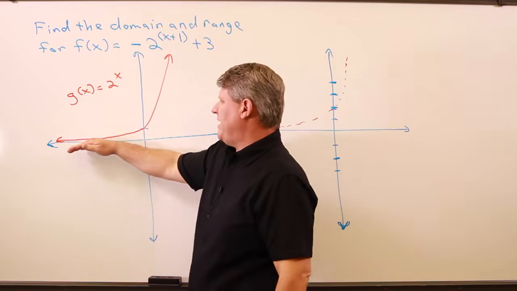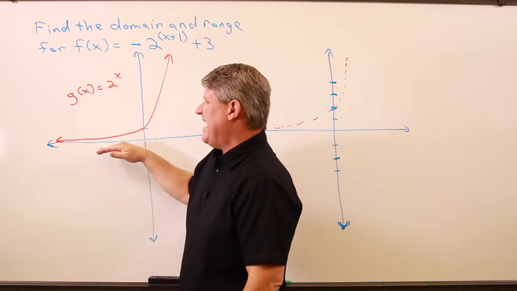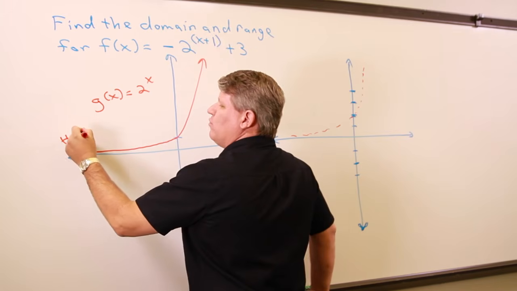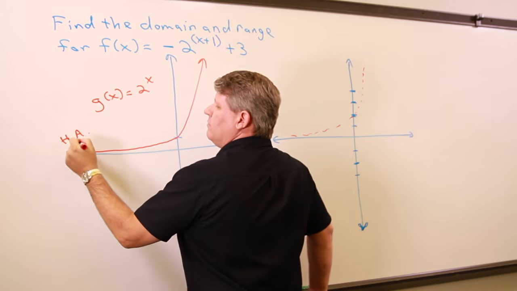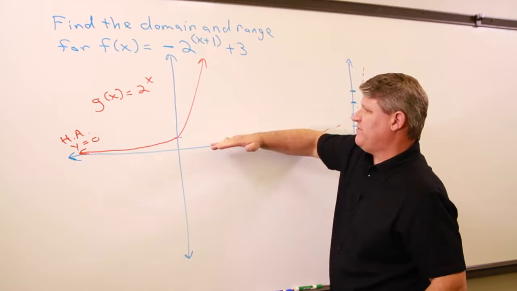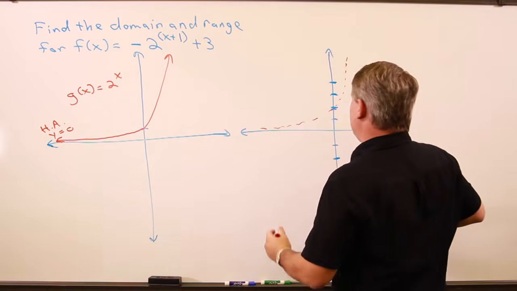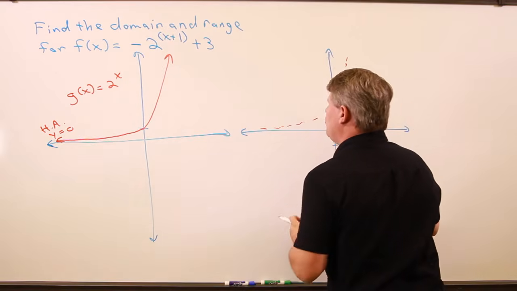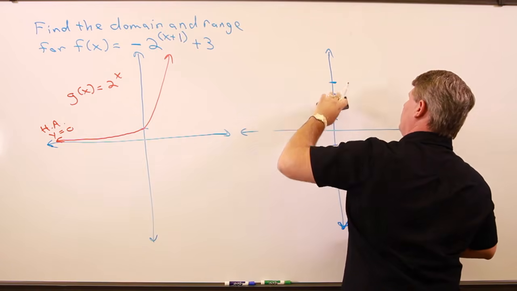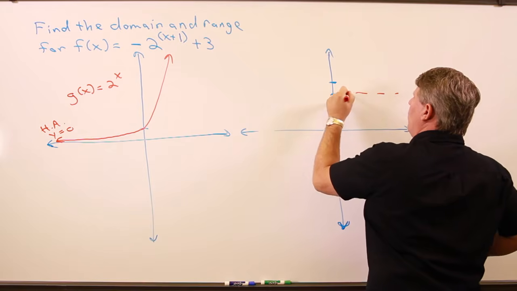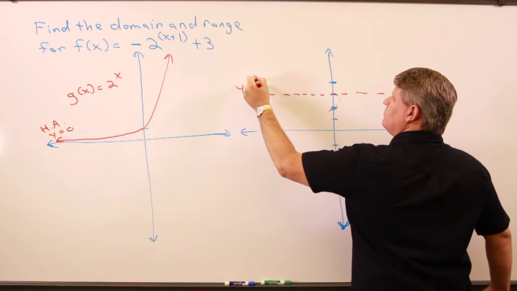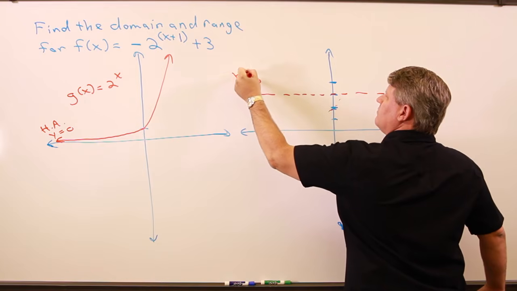Now remember, your basic exponential function has a horizontal asymptote at y equals 0, which is the x-axis. If we shift the graph up 3 units, that means we will now have a new horizontal asymptote, which I will put here, at y equals 3.